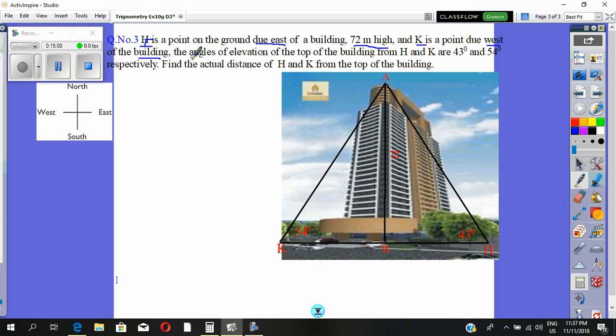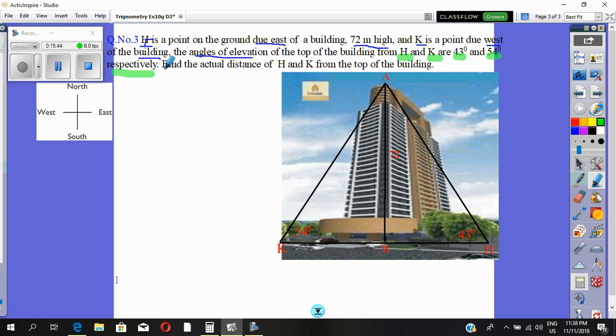The angles of elevation of the building from H and K are 43 degrees and 54 degrees respectively. That means from H it is 43 degrees and from K it is 54 degrees.